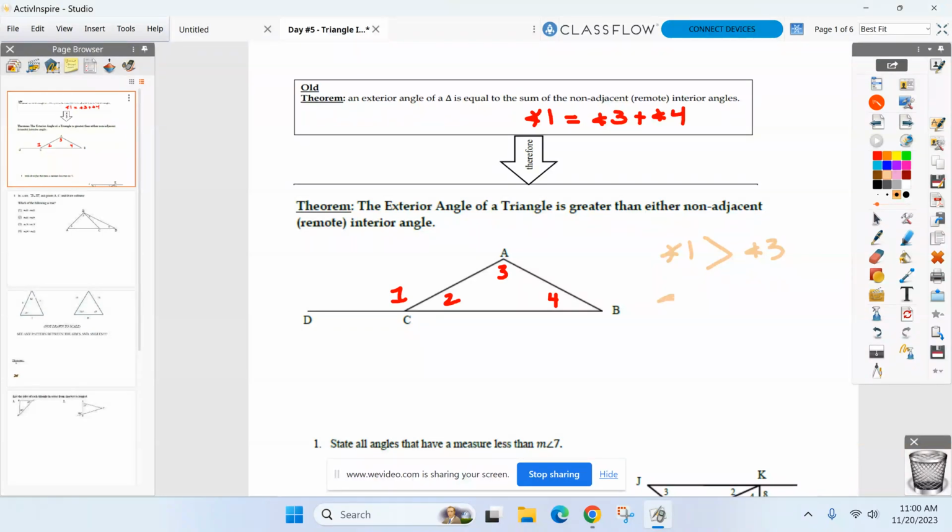And I can also say angle 1 is bigger than angle 4. Because again, if 1 is the same as adding those two, shouldn't 1 be greater than those two separated? And the answer is darn right. So exterior angle is always greater than either of the two remote interiors. That's our first theorem for today. Exterior angle of a triangle is greater than either remote interior.